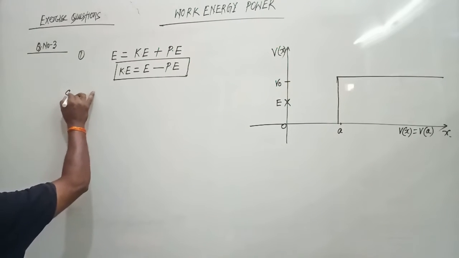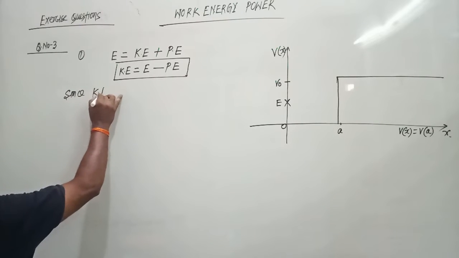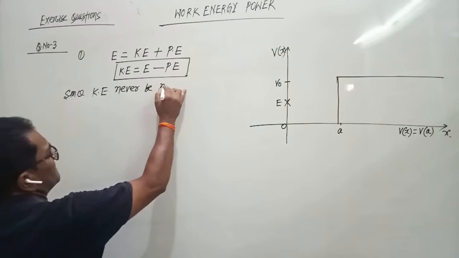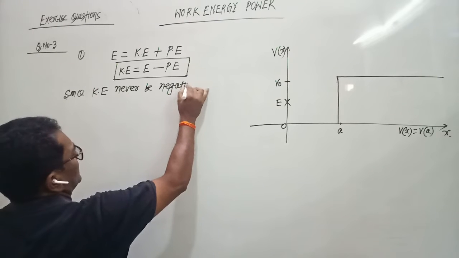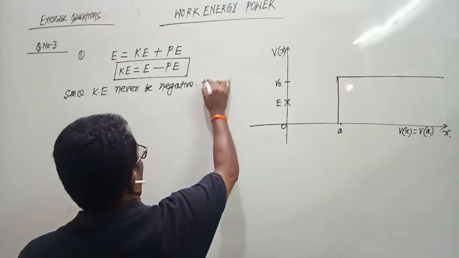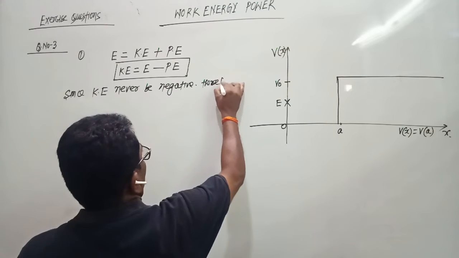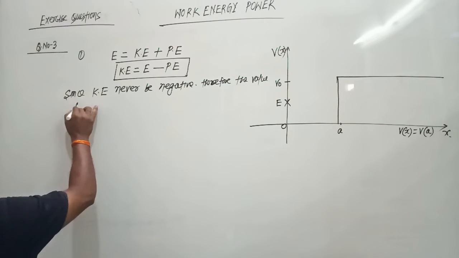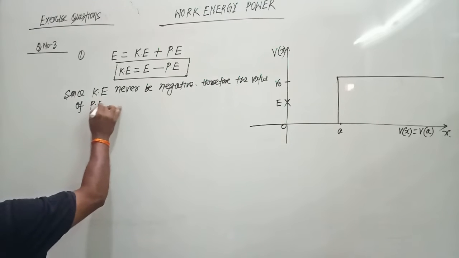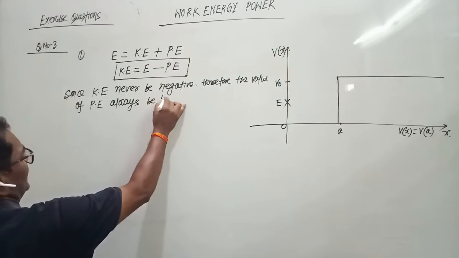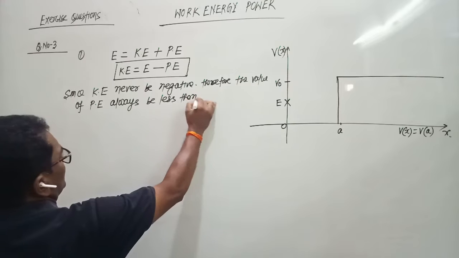Since kinetic energy never is negative, the value of potential energy must always be less than the total energy.